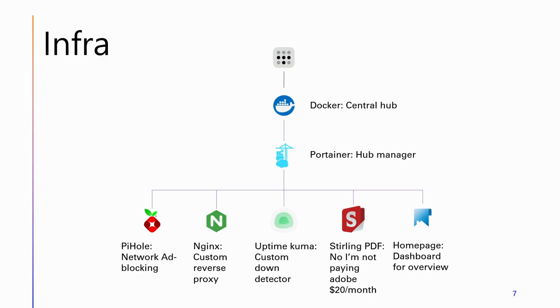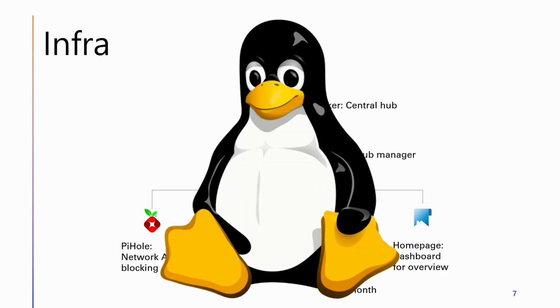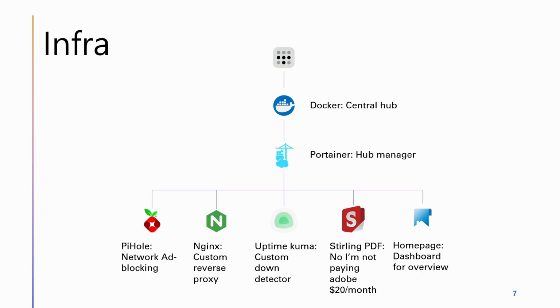So basically, I host all my services on Boo, this penguin Linux. And I use Docker as a central hub to manage all my containers, and I use Portainer to manage it. And I have Pi-hole, which is network ad blocking.